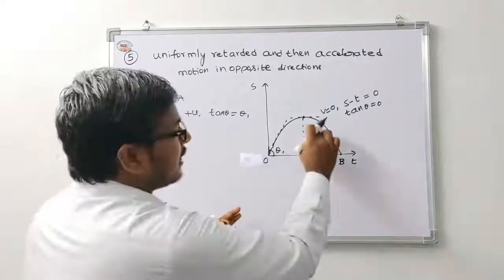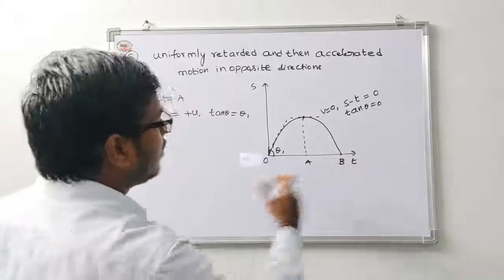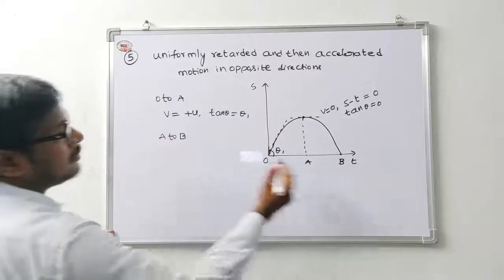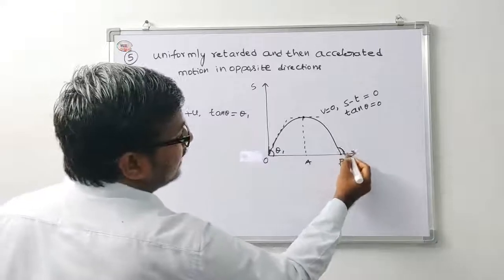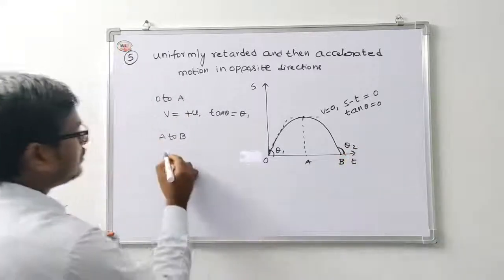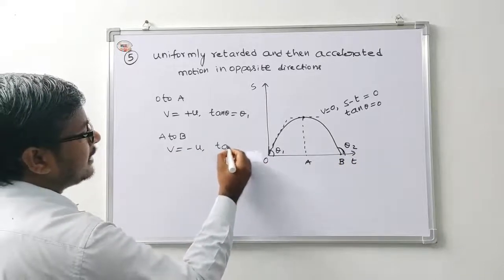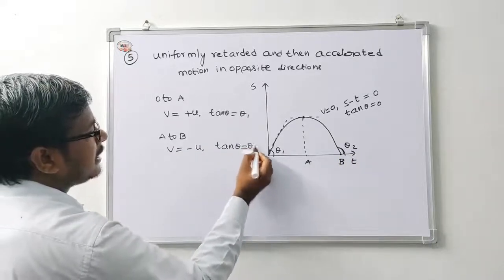The body strikes the ground surface, that is A to B. The angle is an obtuse angle theta 2. So v is negative, tan theta is tan theta 2.